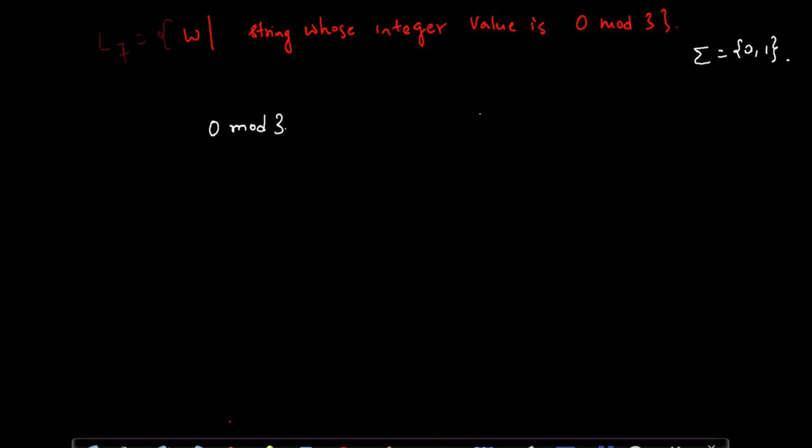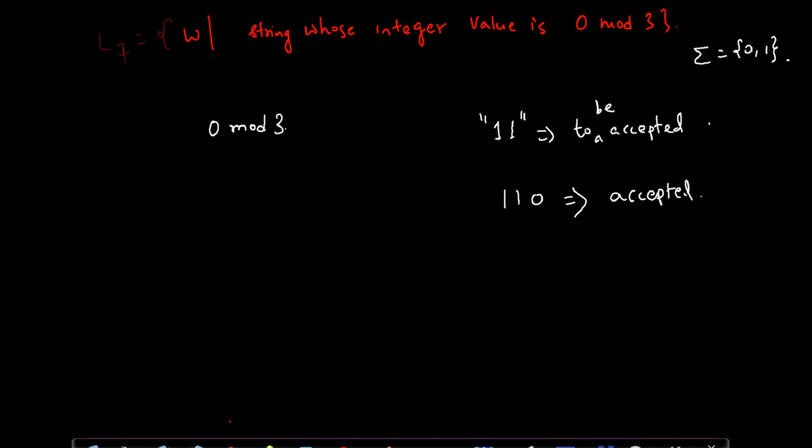For example, if the binary string is 1 1, then this is to be accepted because it is 3, and 3 is a multiple of 3. And if it is something like 1 1 0, then it is to be accepted.